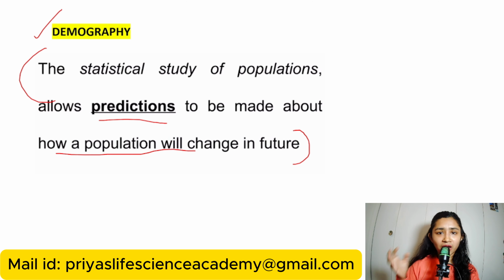After 10 years, how many individuals will live? What will be their future states? How many individuals will reproduce to give birth to the young ones? What will be their state? How many will die early? How many will die in late time? So these are all the things when put together in a statistical manner. That study or that prediction about a population is known as demography.